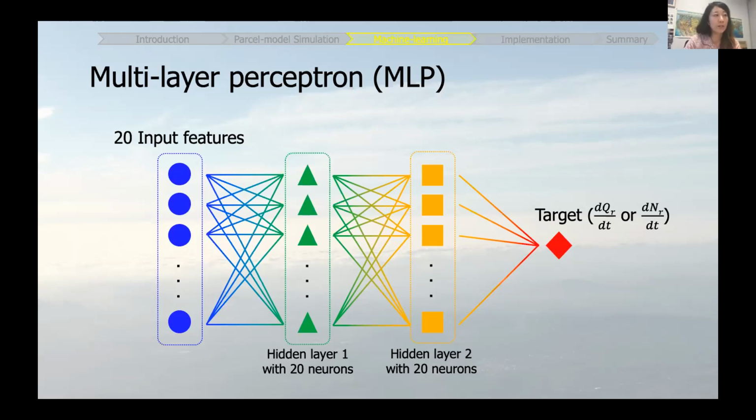We use input features first, and then they create some new set of 20 values in hidden layer number 1, and they are used again to calculate different values in hidden layer number 2, and those are used to calculate the final target value. So how do they calculate? This is again a polynomial. They have a weight value, so it could be 0.6 or it could be negative 0.7.